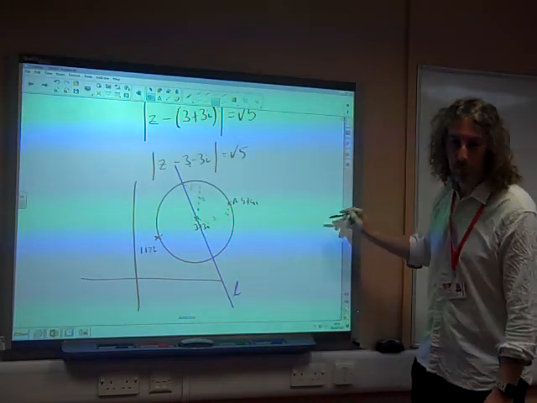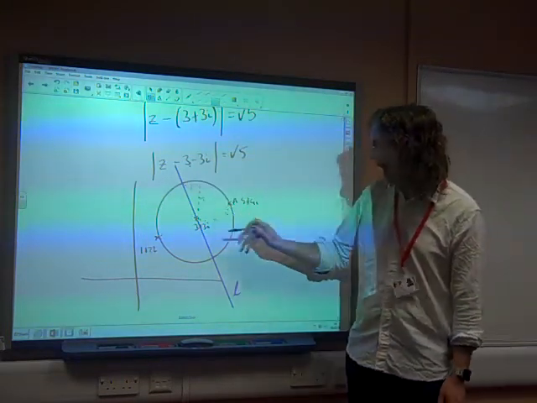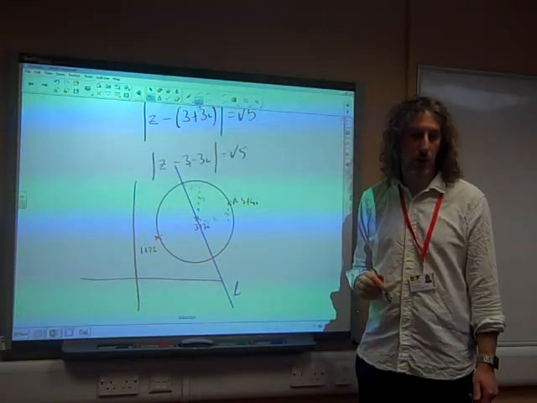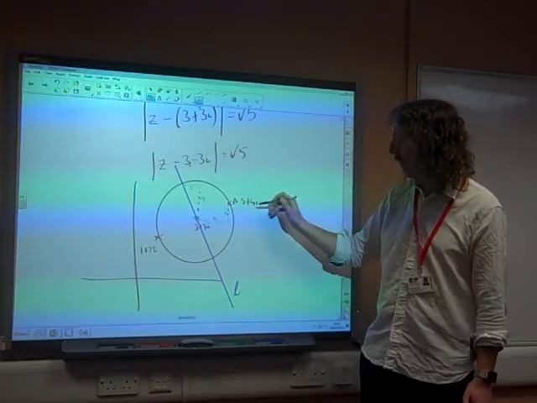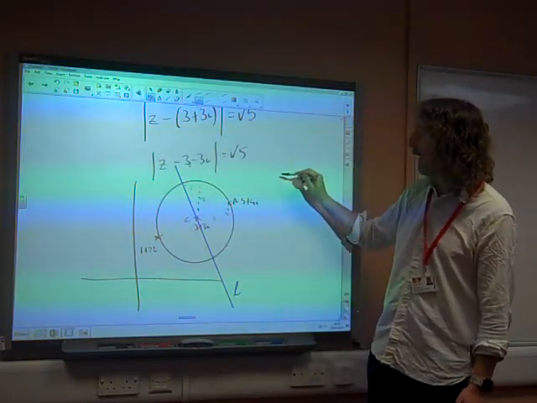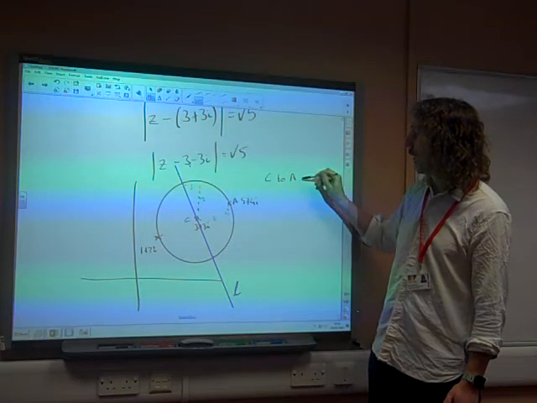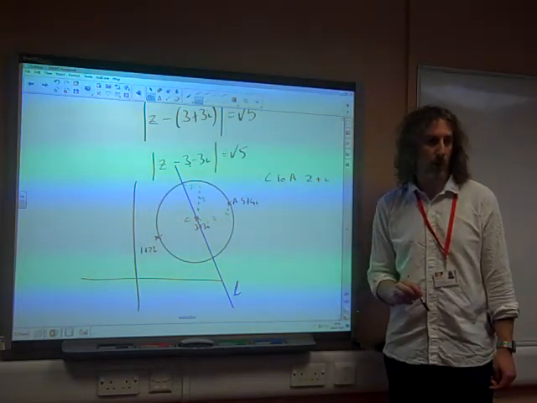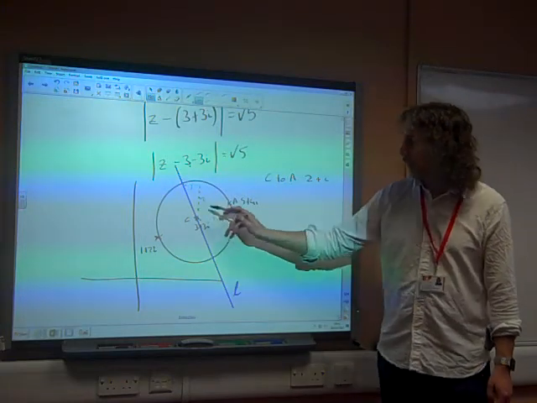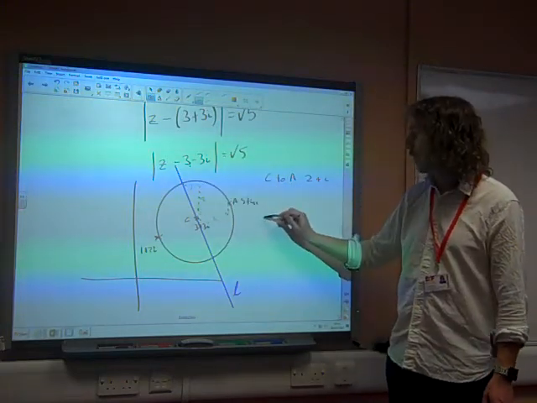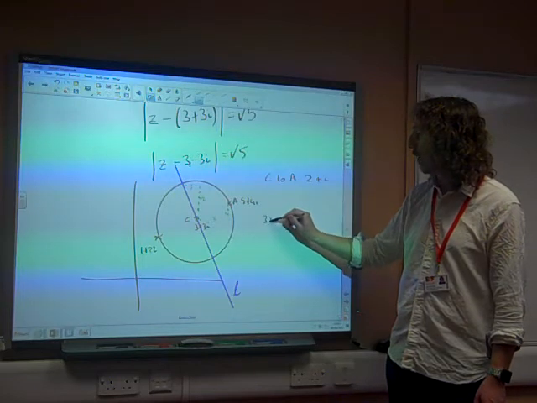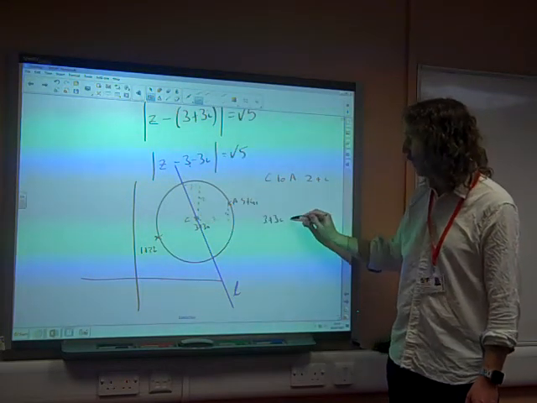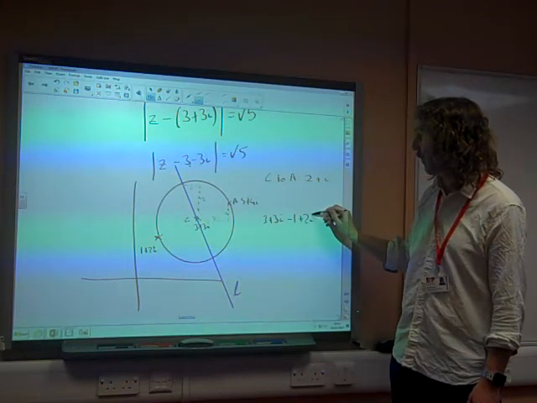So, I'll write it on here I think, from point C to A, we go across 2 and up 1. So from C to that point, we're going to go from 3 plus 3i, we're going to go back 1 and plus 2i.